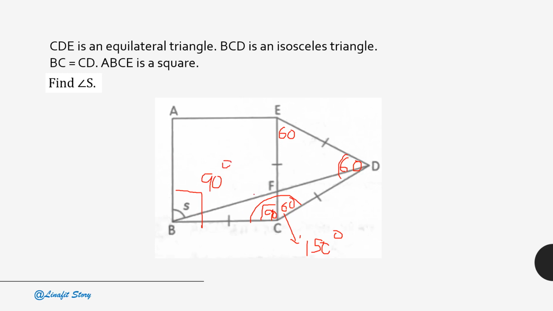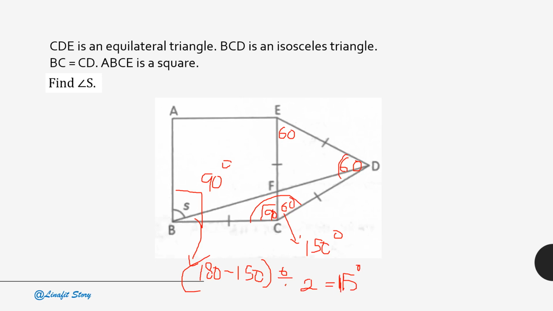Then remember, BCD is an isosceles triangle. So if C is 150 degrees, then how to get DBC? This is 180 minus 150 divided by 2 equals 15 degrees.